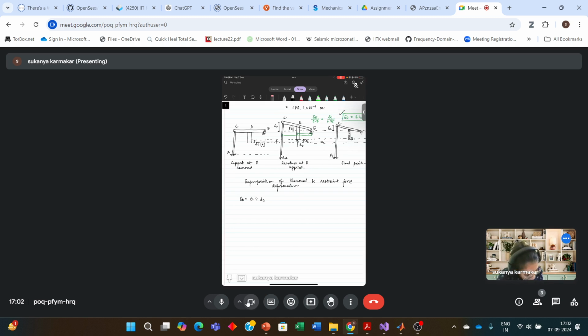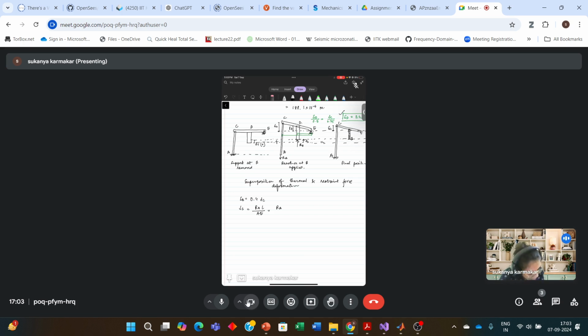Now delta 1 will be delta at D plus, now I can calculate delta C. First, let's calculate delta C. I'll just finish the question and wind up the class. Delta C, that is the deflection in the member AC, will be because of the axial force RA. So RA L by AE.